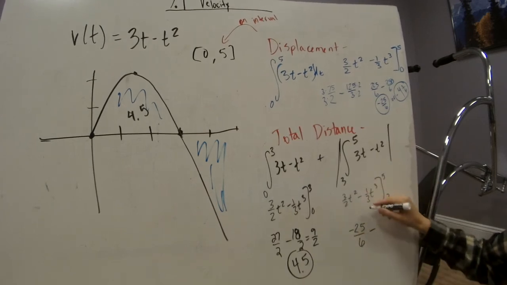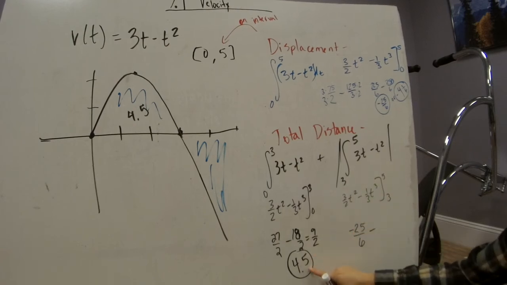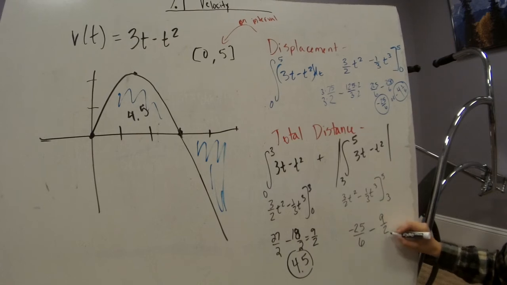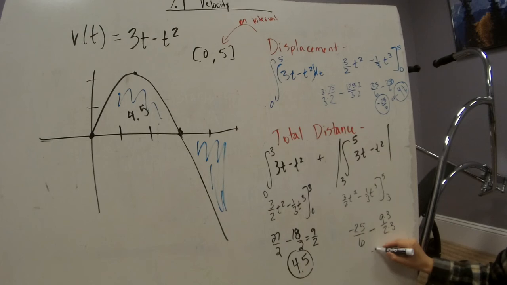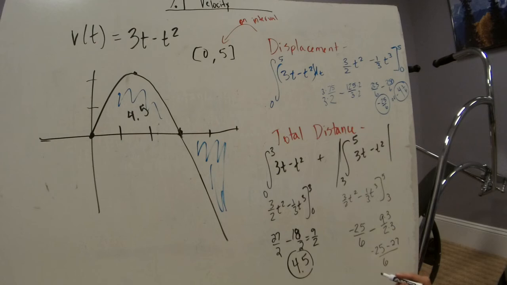So I'm just going to borrow my work, right? And I've already plugged in 3, and I got 4.5, but we're going to subtract it. I'm going to leave it as 9 over 2, so I can get a common denominator. So negative 25 minus 27 over 6. What is that? Negative 52 over 6. Is that right? And if I divide both of those by 2, it's negative 26 over 3.